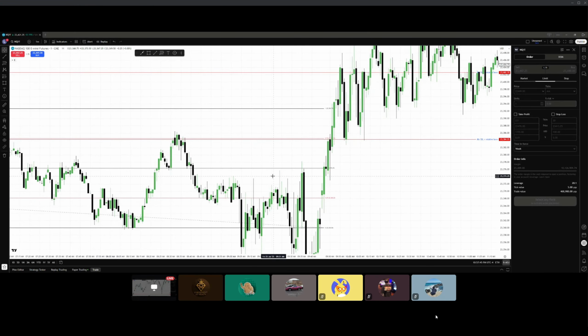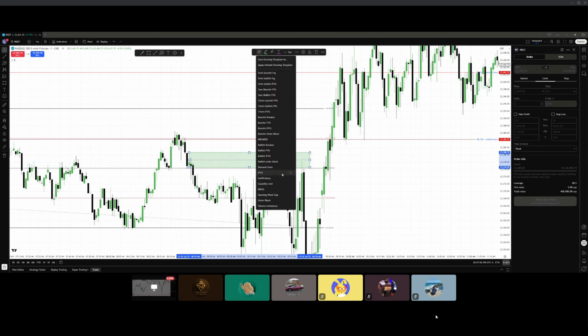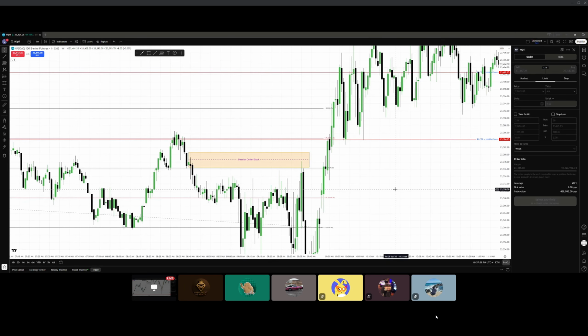I mean, there's other confluences that played into the trade. Of course, you got your order block that's sitting right here that tapped into your bearish order block. You got an inversion as well that's right here.